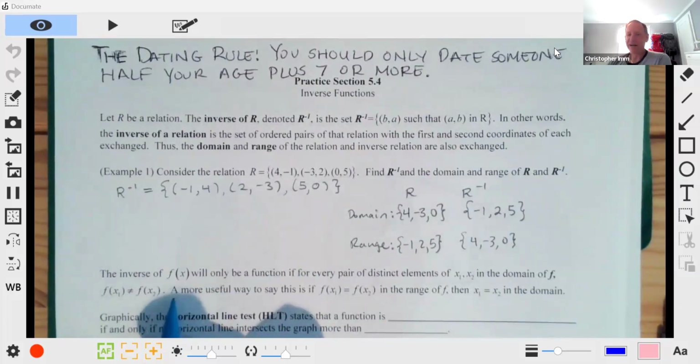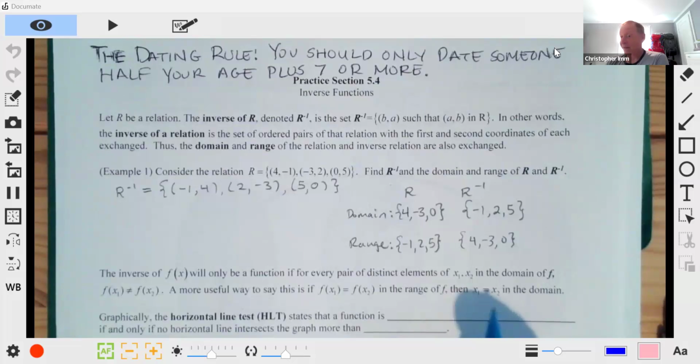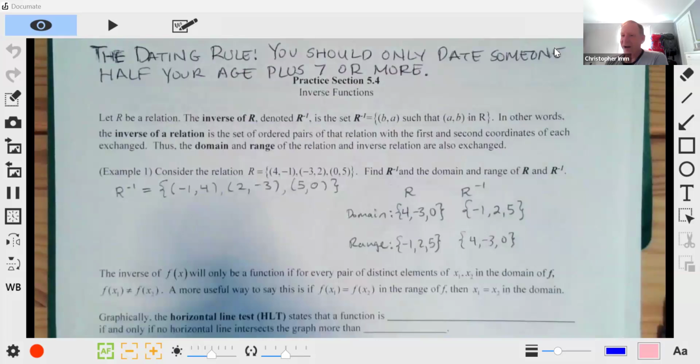A more useful way to say this, if you were doing it mathematically, would be to say if f(x1) is equal to f(x2), then x1 equals x2. What that says is if we have 2 y values that are equal in the range of f, then they came from the same x value in the domain. Again, we can do this a lot easier graphically.